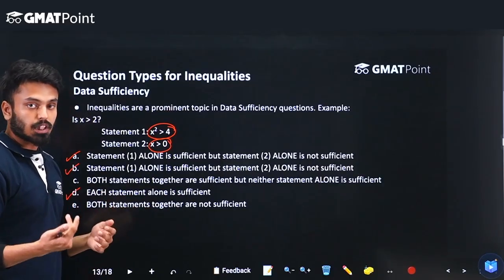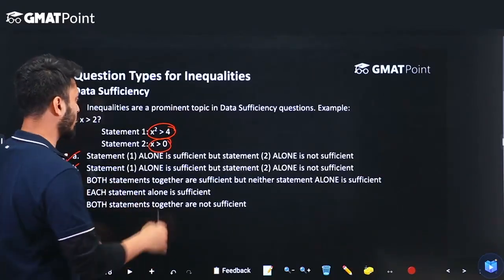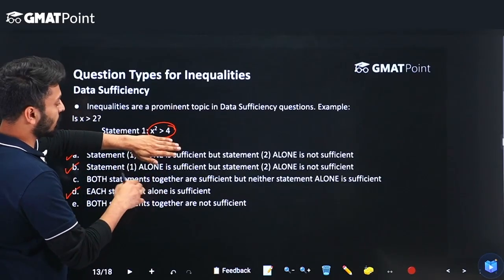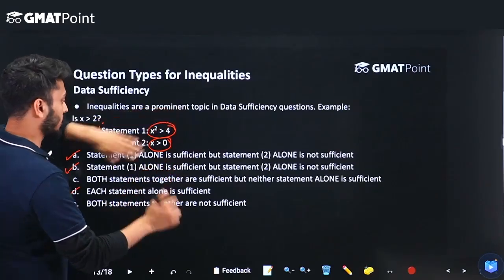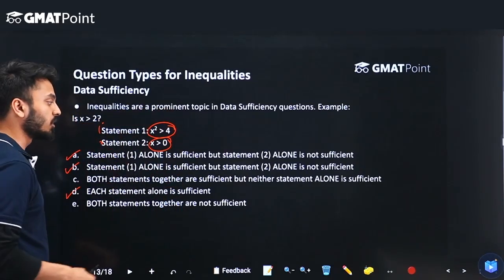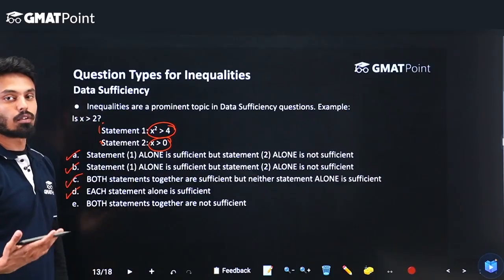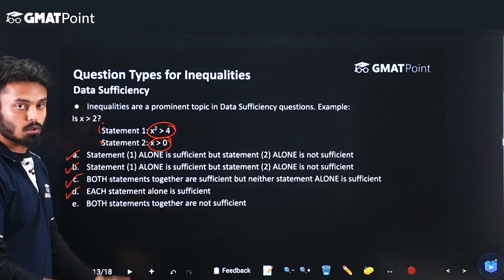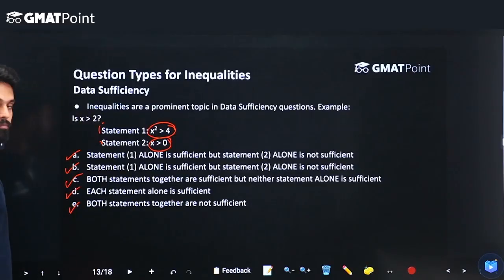If both of the statements combined give you enough information, but neither of them alone gives it, so statement 1 alone is not enough information, statement 2 alone is also not enough information, but together they give you enough information, that's when you would answer option C. And if they don't give you enough information, even when all of the statements are taken together, that's when you answer option E.